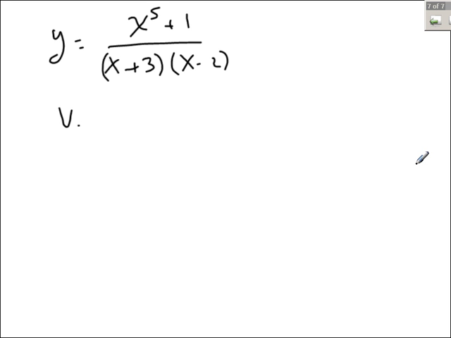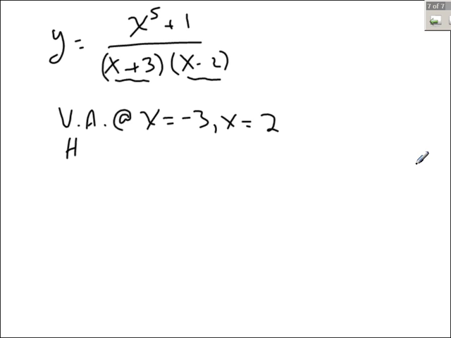You have vertical asymptotes possibly when the denominator is 0, like negative 3 and possibly 2. And I'm going to keep those 2 because neither one of them makes the numerator 0.